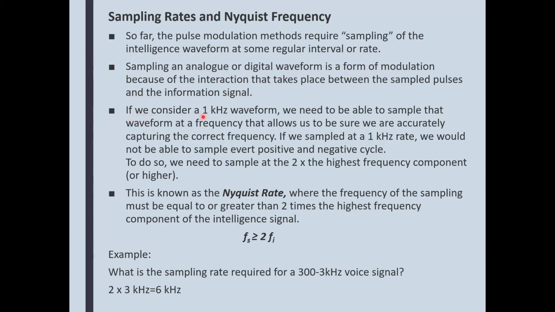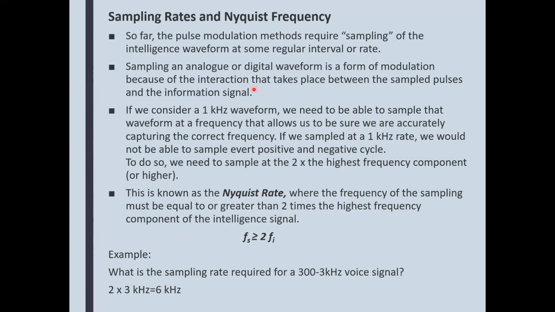If we consider a 1 kilohertz waveform, we need to be able to sample that waveform at a frequency that allows us to be sure that we are accurately capturing the correct frequency.